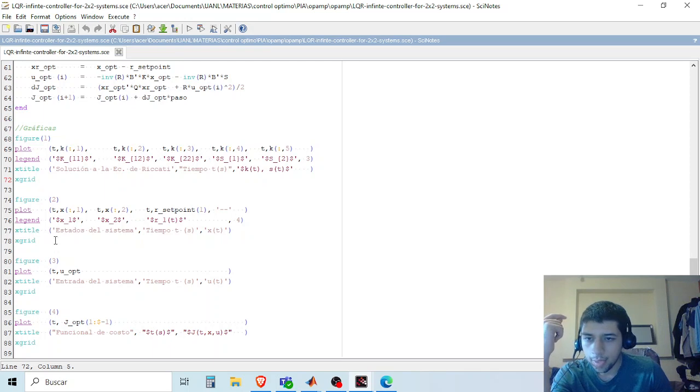Then in the second graph we are gonna graph the dynamics of the voltage and the derivative of the same voltage, and also we are gonna display the reference value. For the third graph we are gonna graph the control law, the optimal control law. And for the last graph, we are gonna display the cost function over time.